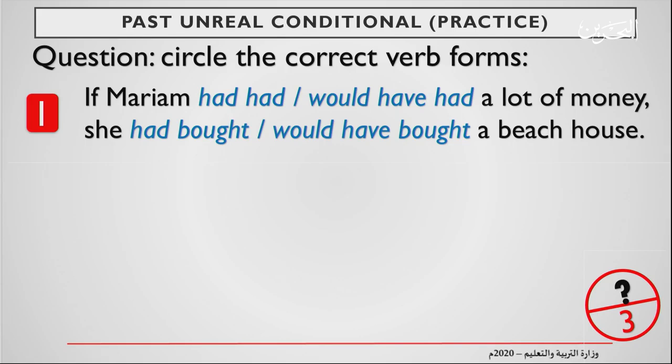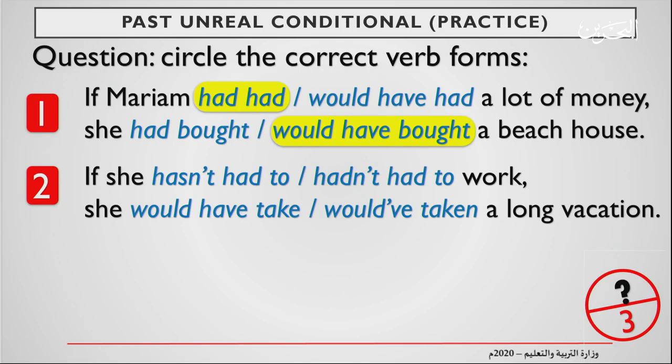You have 5 seconds. Let's check the answer. The answer for the first clause is: if Maryam had a lot of money, she would have bought a beach house. Give yourself a mark of 3.